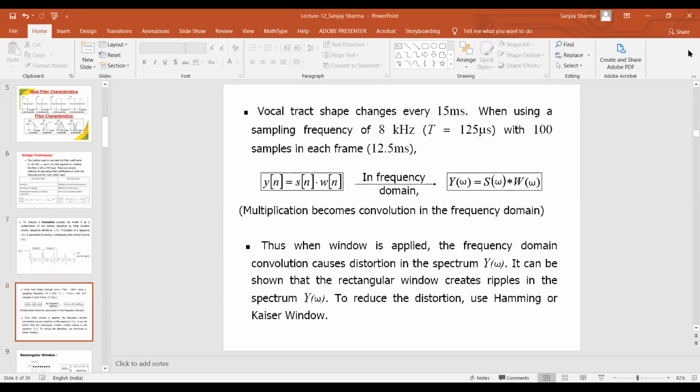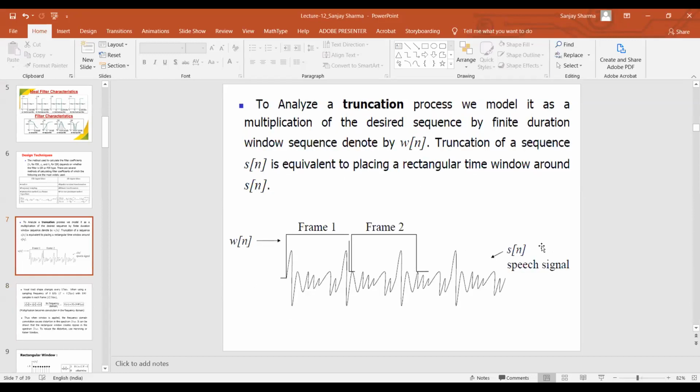Now, what I want actually is, my s(n) is the input signal. Now I want to analyze this signal. I cannot analyze this signal from -infinity to infinity. If its impulse response ranges from -infinity to infinity, it is not possible to analyze this signal. I will discuss the reasons also.